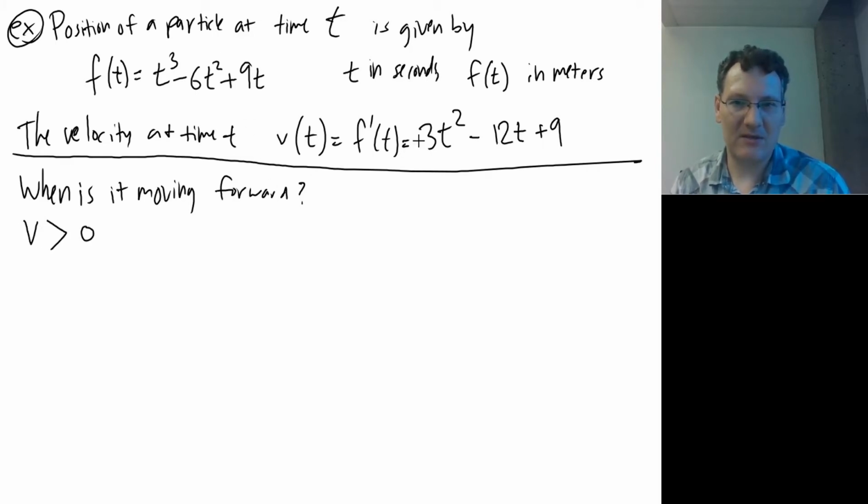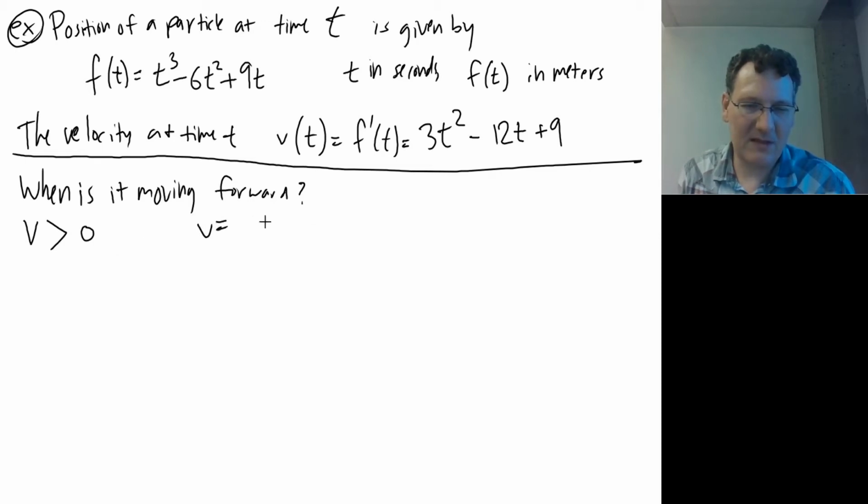And so you can see that if you take a look at the velocity function, the velocity function is a parabola that's opening upwards, and since we know the velocity equals 0 at time equals 1 and 3, the velocity function kind of looks like this.